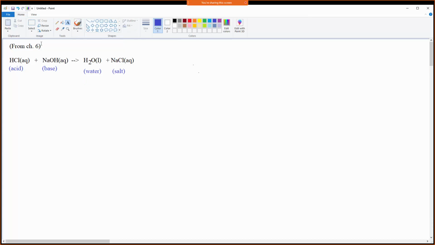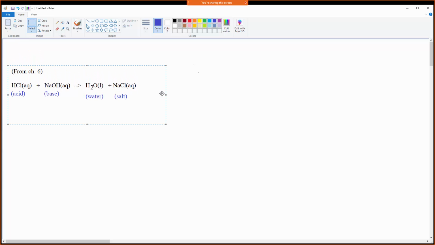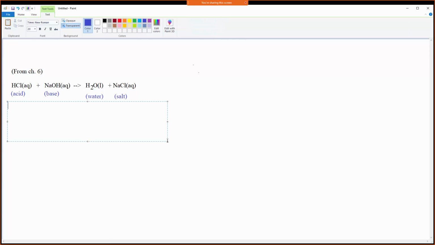This is a great definition of an acid, but it's a little bit simple. So in this chapter, we're going to expand upon that. This is what we call the Arrhenius definition of an acid or a base.